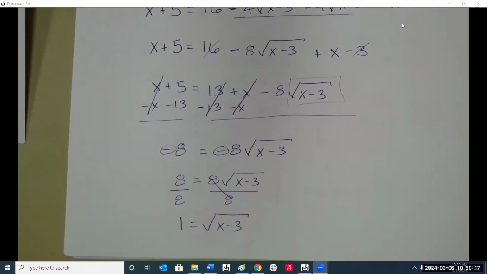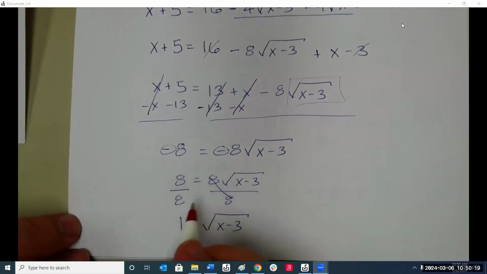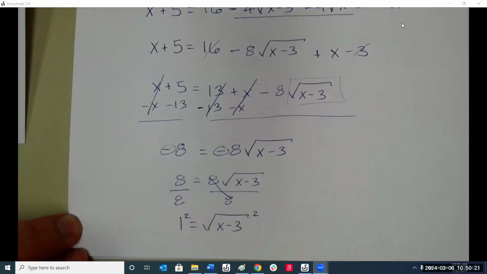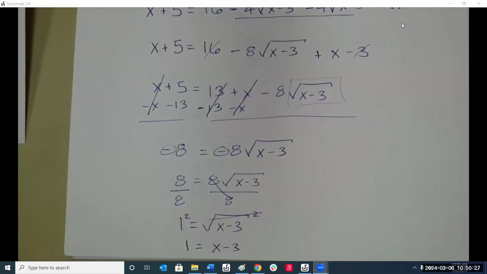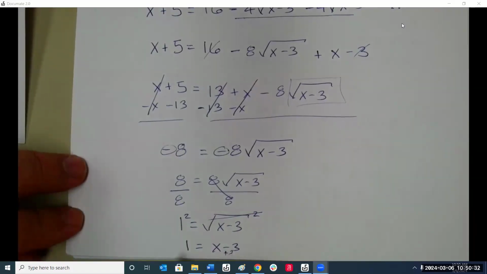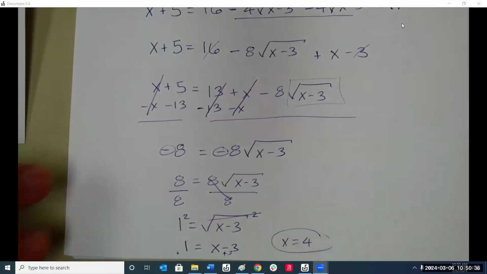Now what do you do? Square both sides. 1 equals x minus 3. So what does x equal? All right, so we add 3 to both sides. x equals 4. But does it equal 4?